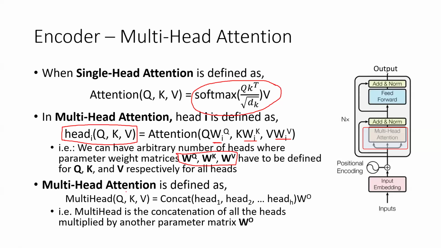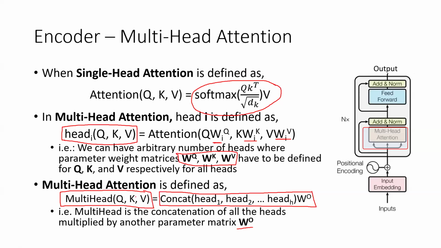So the final multi-head attention is actually the concatenation of all these heads multiplied by another matrix known as WO, which corresponds to output, right? W output is also a learned matrix.